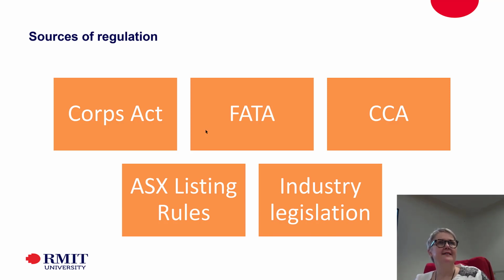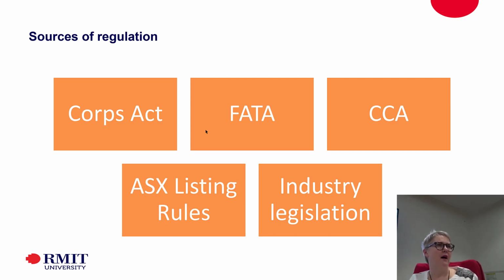So ASIC has effectively delegated its powers in relation to all but one company to ASX to basically collect and distribute continuous disclosure information. The one company that sits outside of that is the ASX itself. So ASIC actually performs its own review in relation to continuous disclosure for the ASX company.